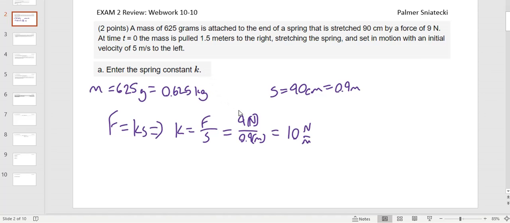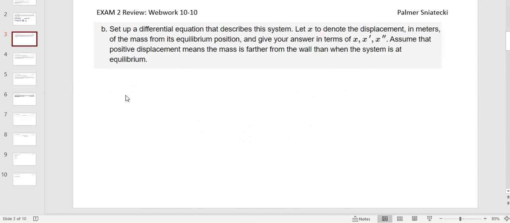So there's part A. The next part, it wants us to set up a differential equation that describes the system. We know that mass times x double prime plus the damping force times x prime plus spring constant times x is going to be equal to f of t.